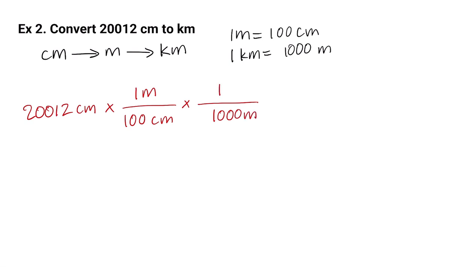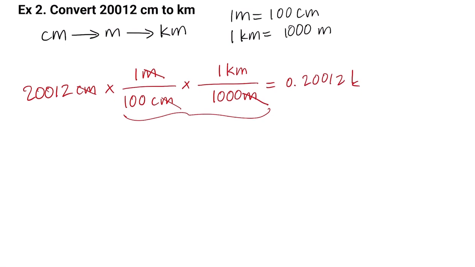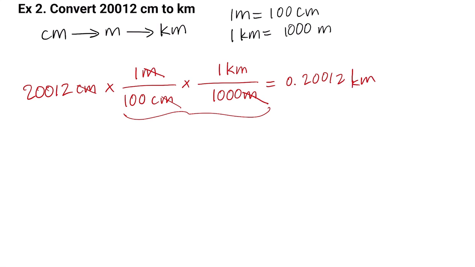Perform that on your calculator and units cancel. We know that 20012 has 5 sig figs, and since these are definite, then we know that our answer is 0.20012 kilometers.